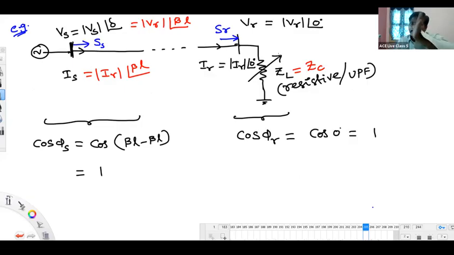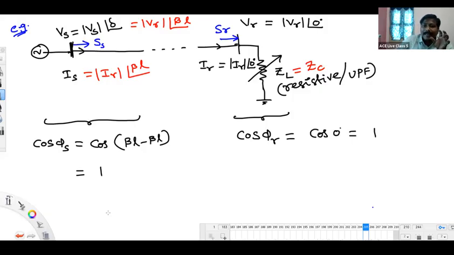Yes, definitely. Whenever you are changing the load impedance value, the power consumed by the load is also going to change.